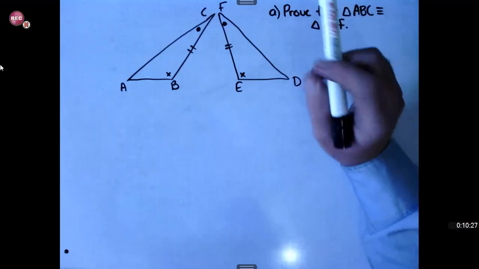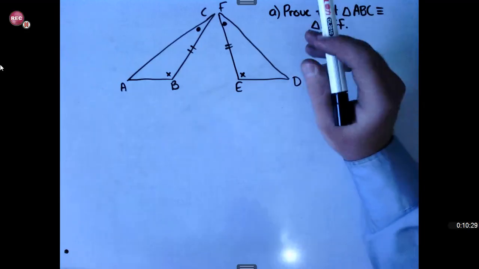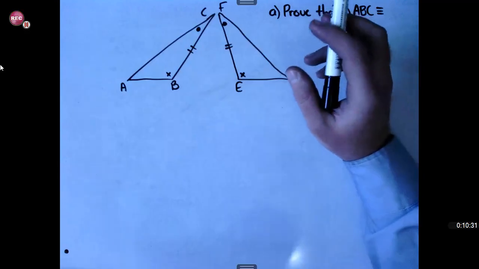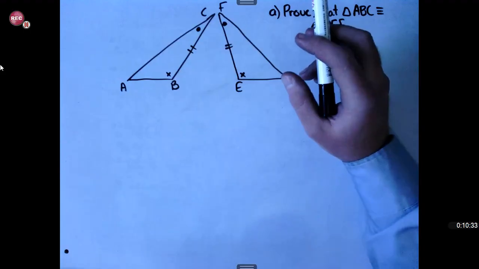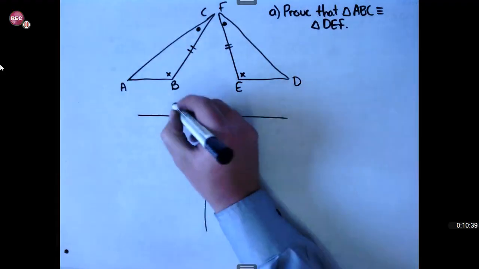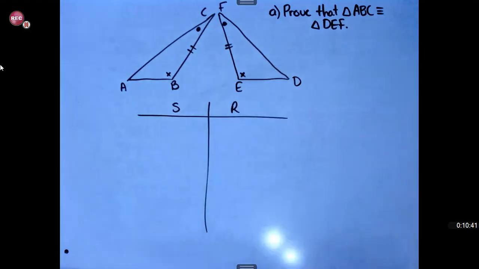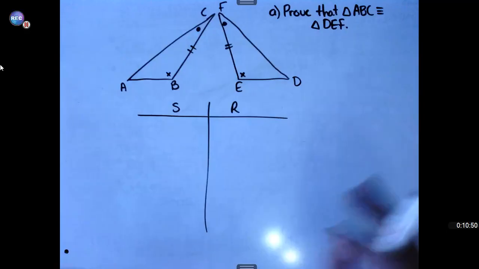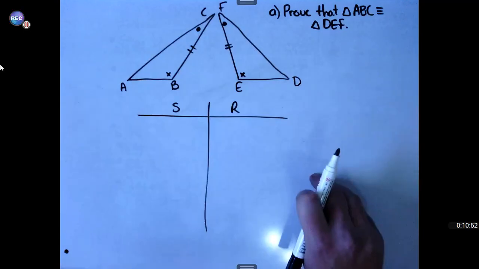So the condition that allows you to work with two angles and one pair of corresponding sides is the SAA method. Okay, so first of all, statement, reason, and to prove the congruency, okay, I need to start the same way that the condition allows me to, with the sides.